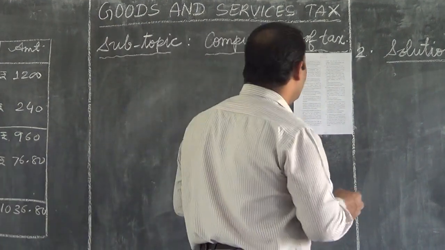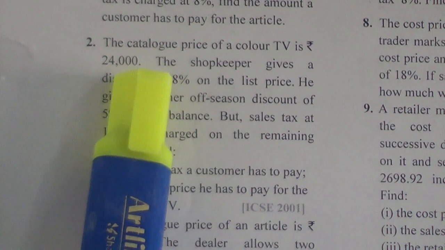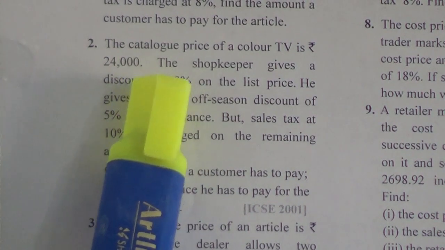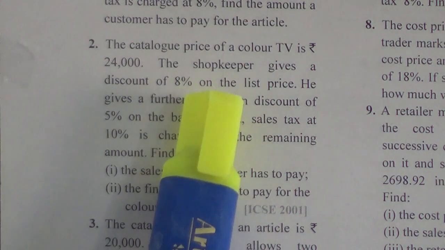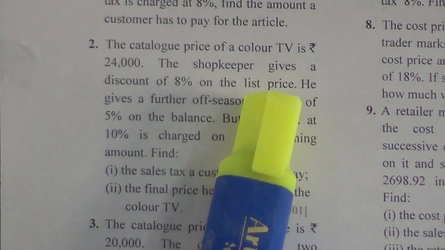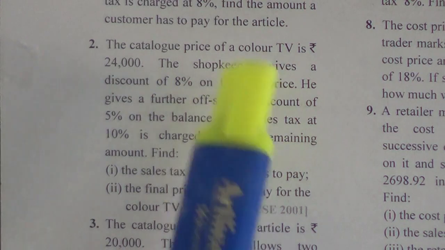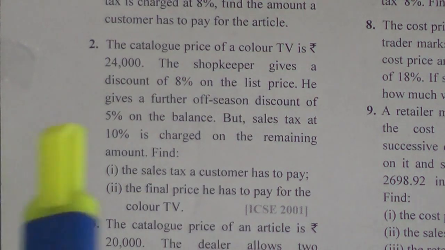So question number 2. The catalog price of a color TV, that is again the mark price, is 2,400 rupees. The shopkeeper gives a discount of 8% on the list price. See here, catalog price and list price are both the same.